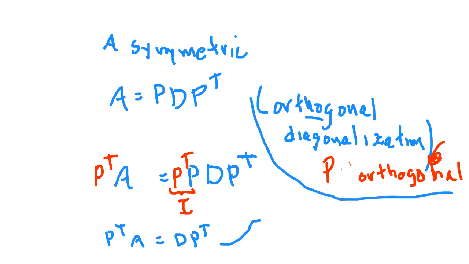If we take that and right multiply by P on both sides, P transpose times P is also the identity.